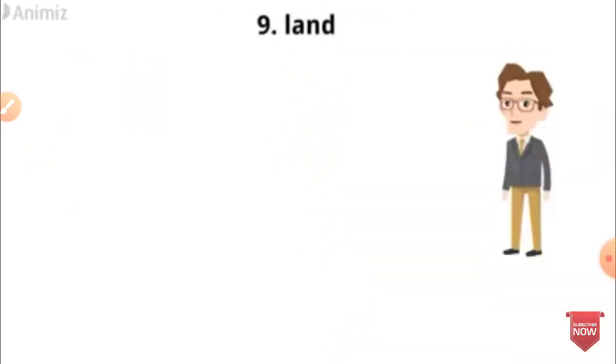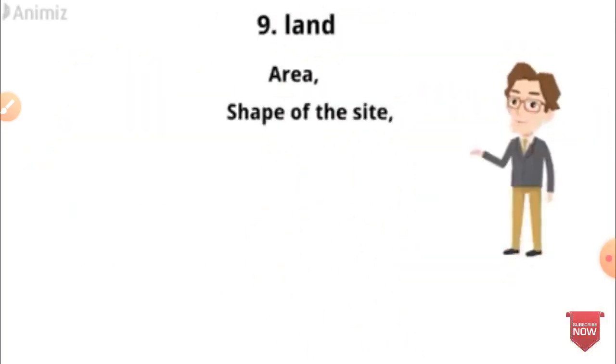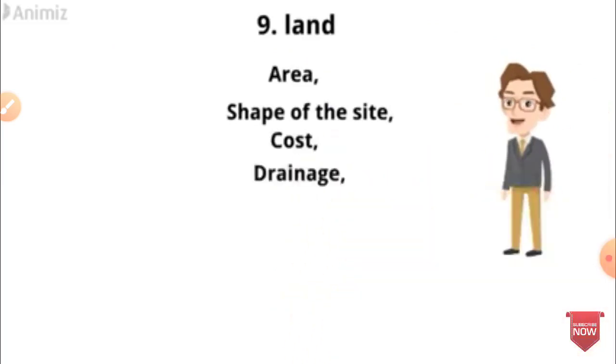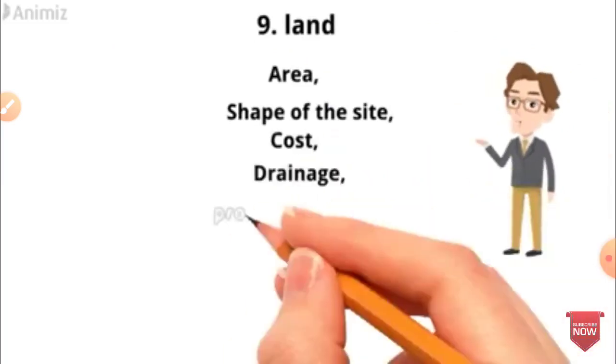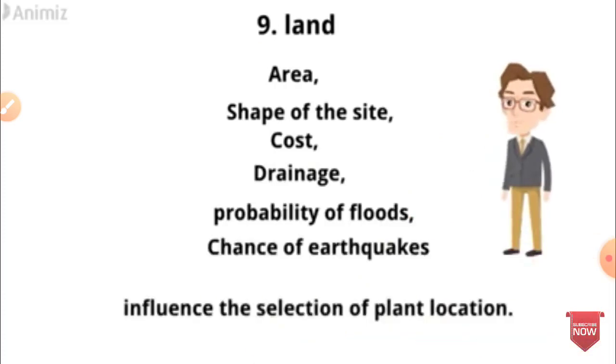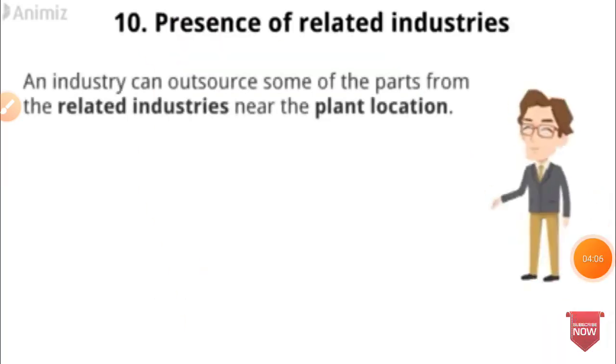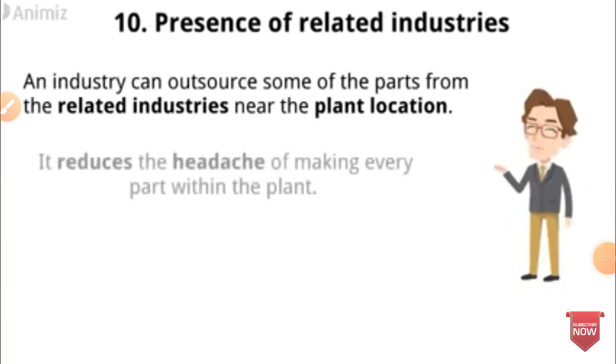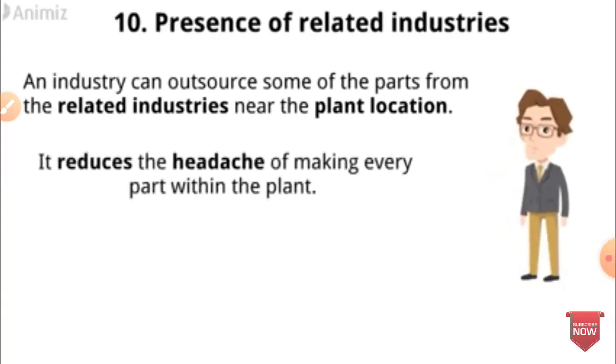The ninth point is land. So land means land area, shape of the site, cost, drainage. Okay, so all are feasible, and the probability of flood and chances of earthquake influence the selection of plant locations. So the next point, number 10, is presence of related industries, and industries can outsource some of the parts to related industries near to the plant location.